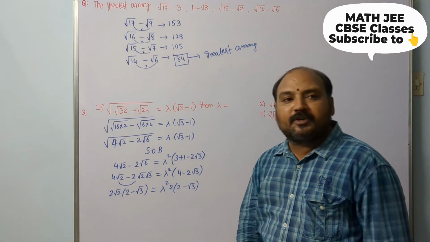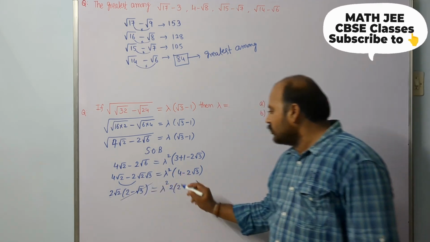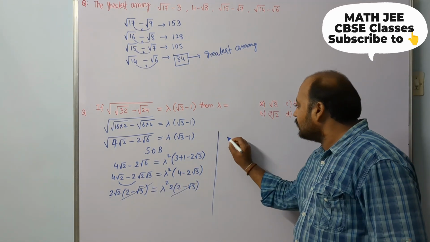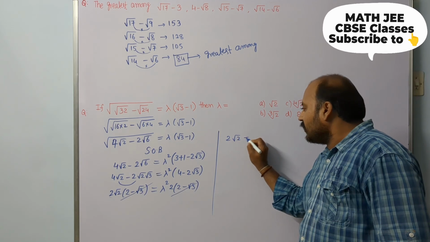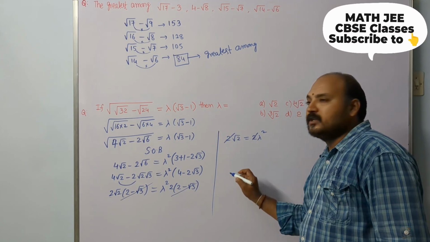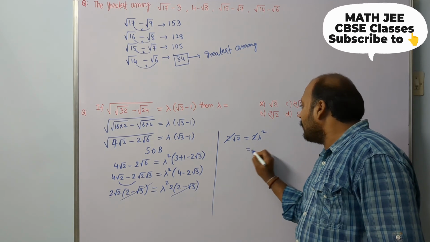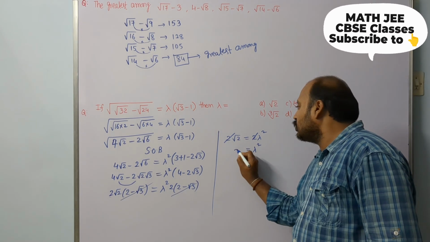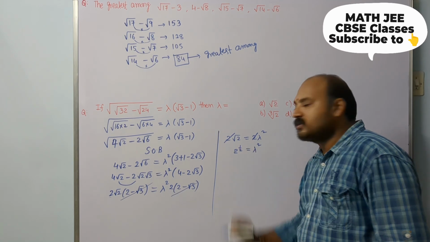I hope everyone understands that. Here 2 minus root 3 and here 2 minus root 3 will be cancelled. The rest of the terms: 2 root 2 is equal to 2 into lambda square. 2 also gets cancelled. To get the lambda value, lambda square equals root 2, which means 2 power 1 by 2, dear students.